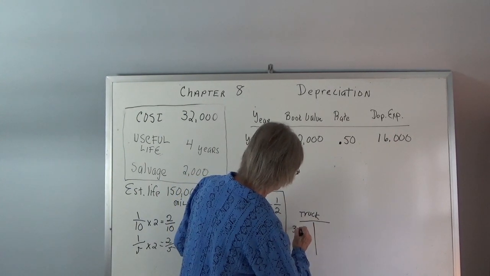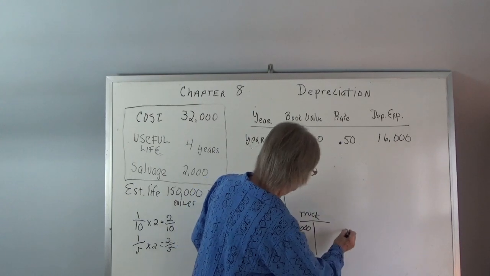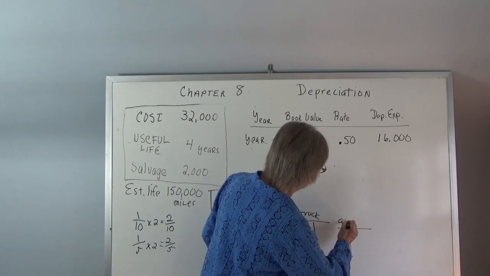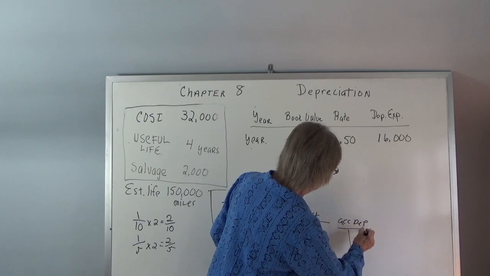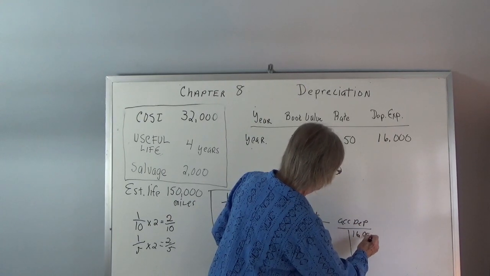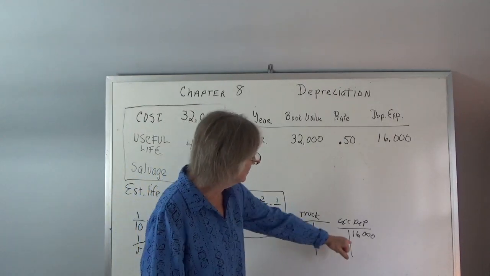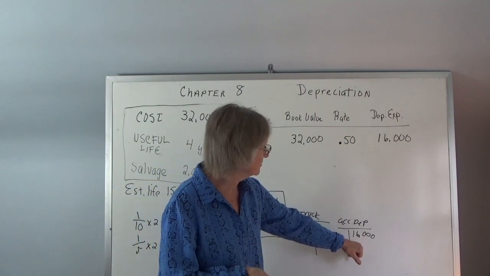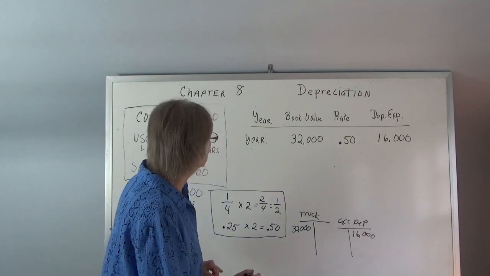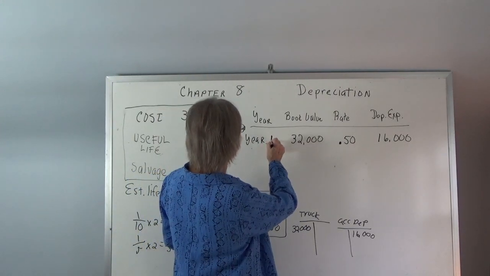It's 32,000. And here's our accumulated depreciation. And now that's 16,000. So our book value starting year 2 is going to be 32 minus the 16,000 depreciation we've taken so far. So this is year 1.